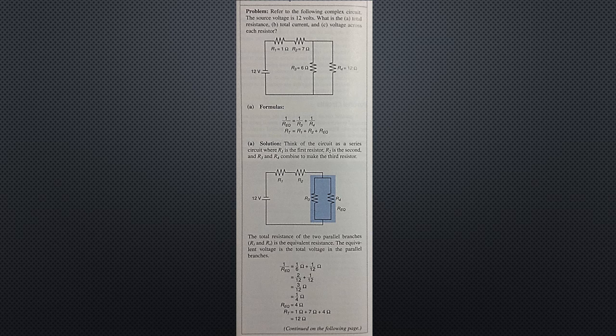The equivalent voltage is the total voltage in the parallel branches, seen by the formula 1 divided by Req, which equals 1 divided by 6 ohms plus 1 divided by 12 ohms. Working through the formula, as you can see on the bottom of the screen, you get 12 ohms.